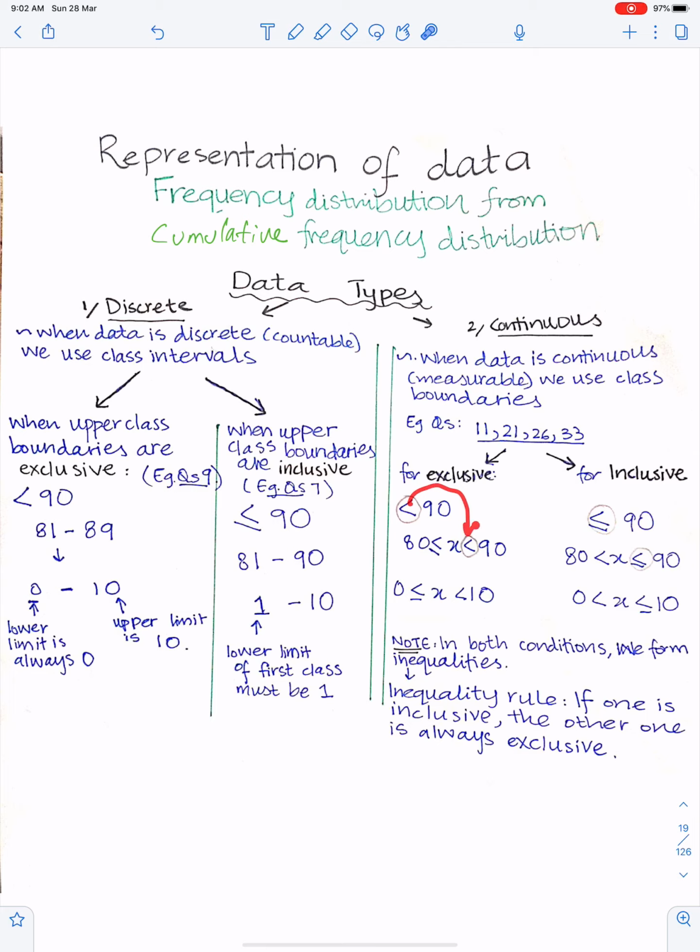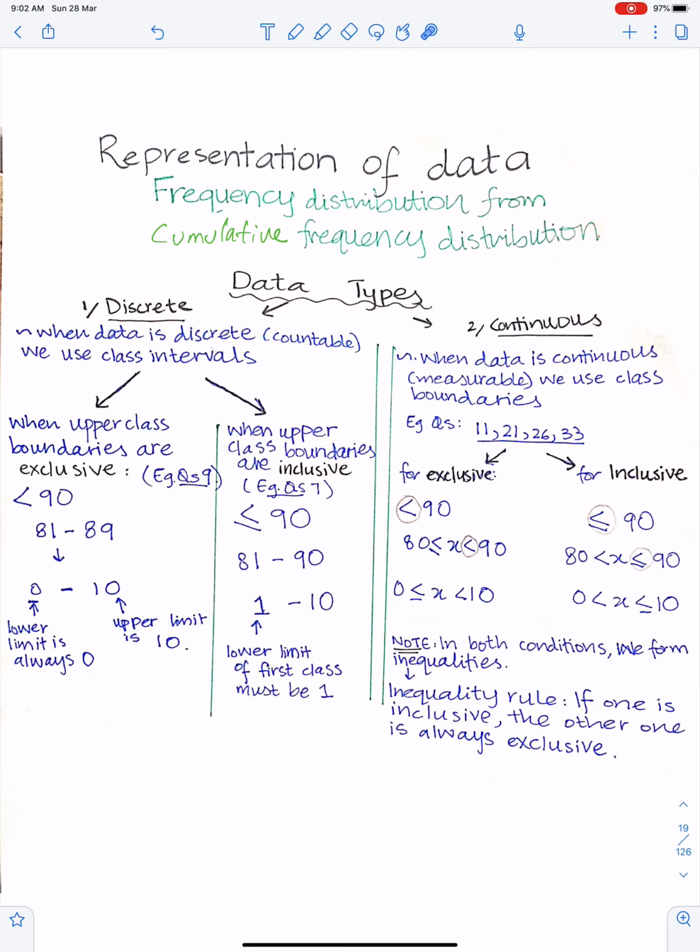This is exclusive, so write exclusive here, and this must be inclusive. This is inclusive, so inclusive is here and this is exclusive. And the first value must be 0 in both conditions. Rule: if one is inclusive, the other is always exclusive. One is exclusive, the other is always inclusive.